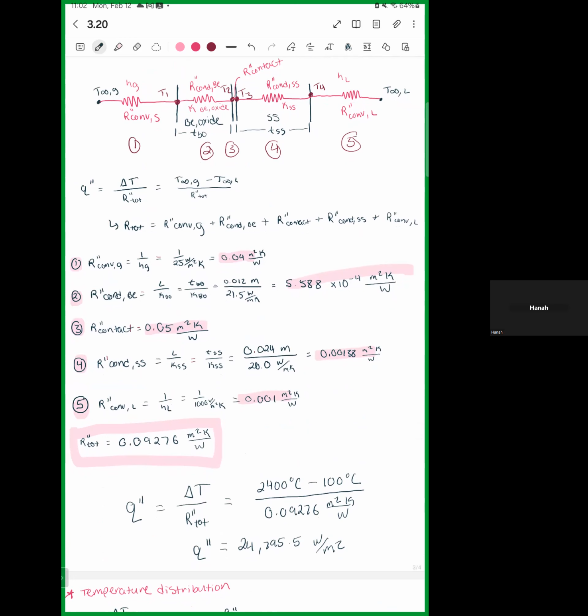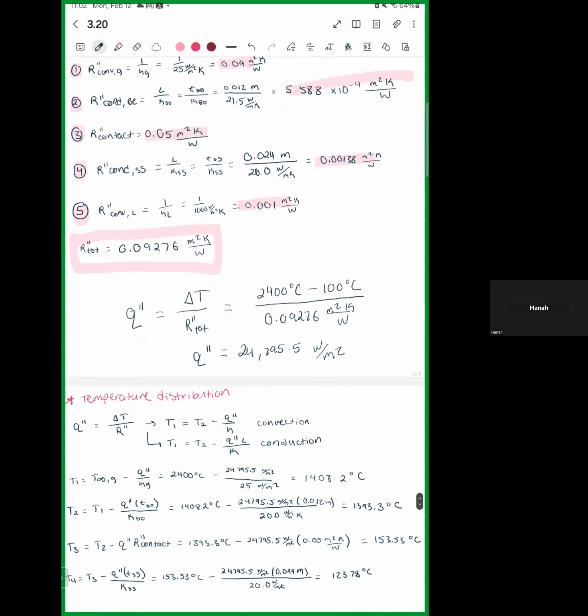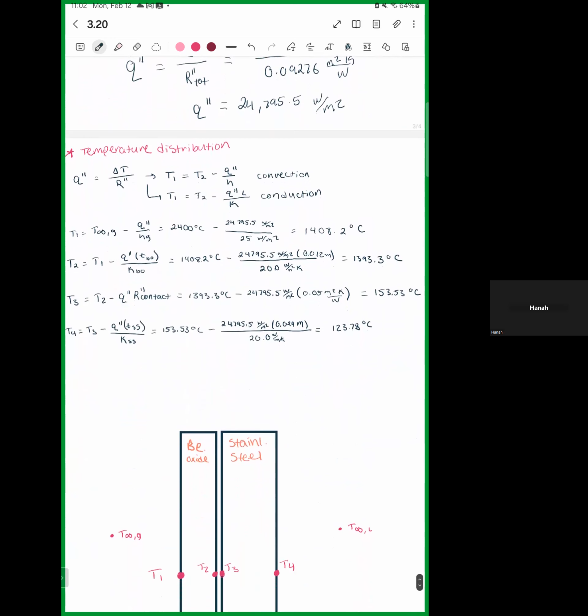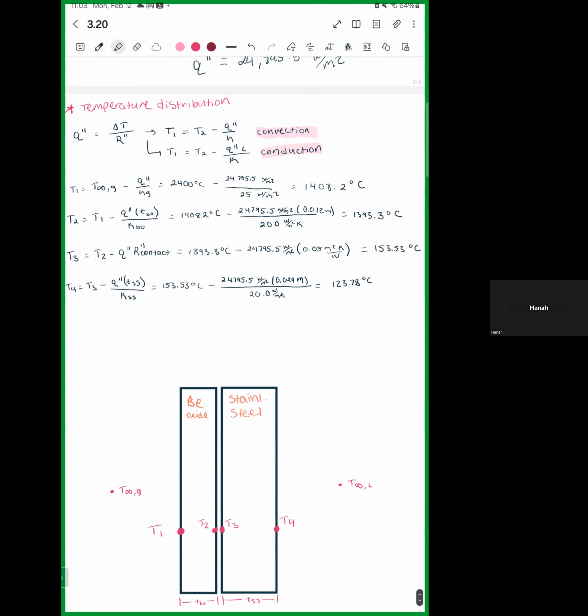So for the temperature distribution, I have it written out here already. As we saw above, Q double prime equals delta T over R. So we can solve for 2 different equations for convection and conduction that we'll be using to find the temperatures T1, T2, T3, and T4.